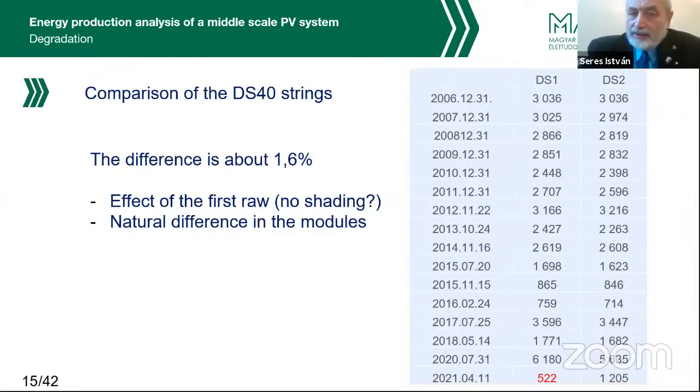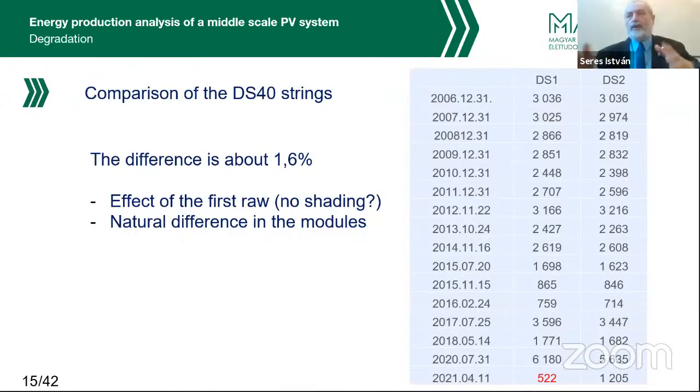What can be the reason? We know the nominal power of these modules, but even during the tests, because of the production, there are a few percent of differences between them. One problem can be that we have rows of modules, and in the winter time, of course, these rows are partly shadowing each other.